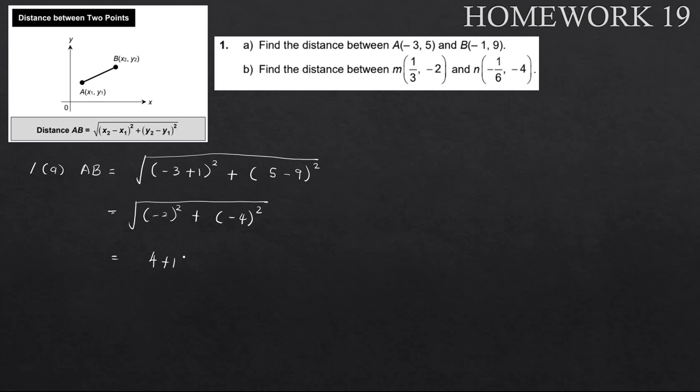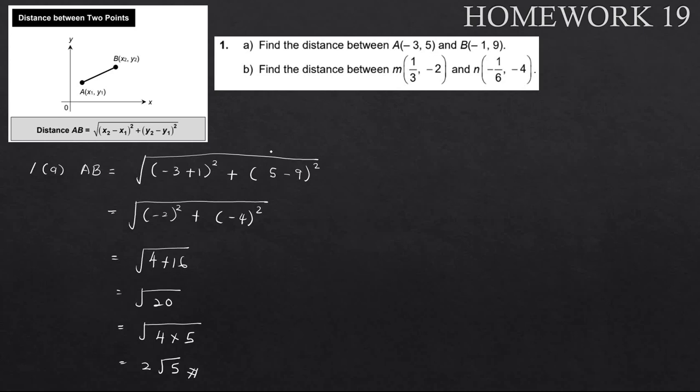Negative 4 squared is 16. 16 plus 4 is 20. So we can leave the answer as square root of 20, or you can further simplify. We change 20 to 4 multiplied by 5. So square root of 4 is 2, and then square root of 5. So that is the most simplified answer.